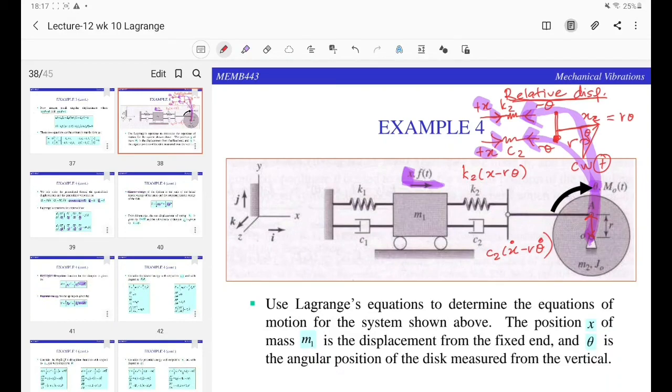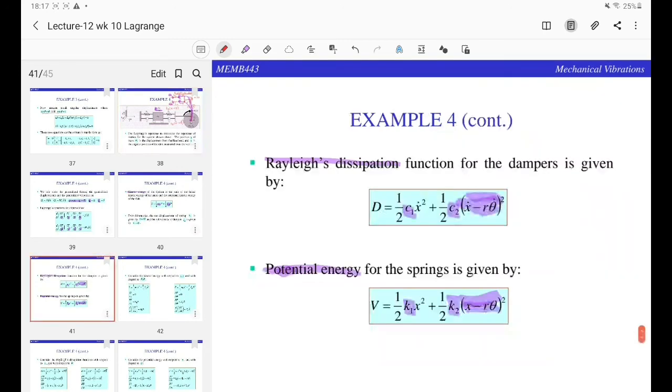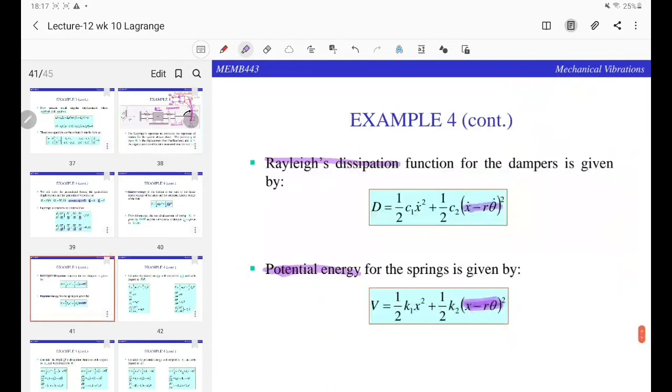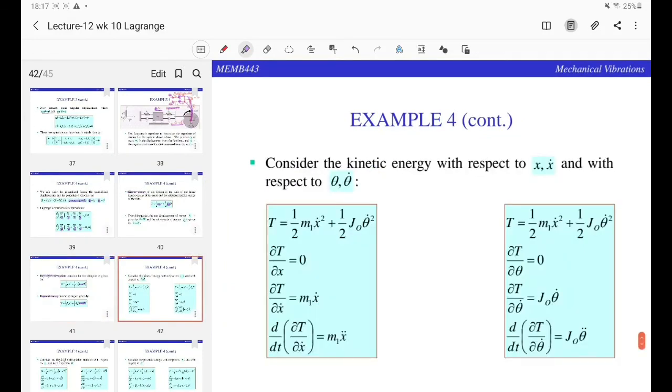So we go back to the solutions for example 4 just now, which is this one. That is how you get these expressions for your X minus R theta and X dot minus R theta dot. From these two expressions that we have derived, you then substitute.